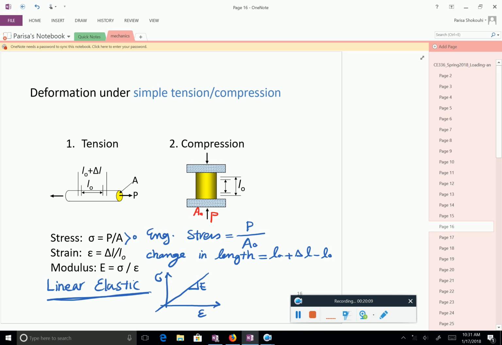And then it became L0 plus delta L when you pull it. So the change would be what we have now? First term is L0. Yes. It looks like LA. It looks like LN. I'm sorry. Yes. Please keep me in check with the handwriting over this. I'm getting better, but yes. So it is L0.